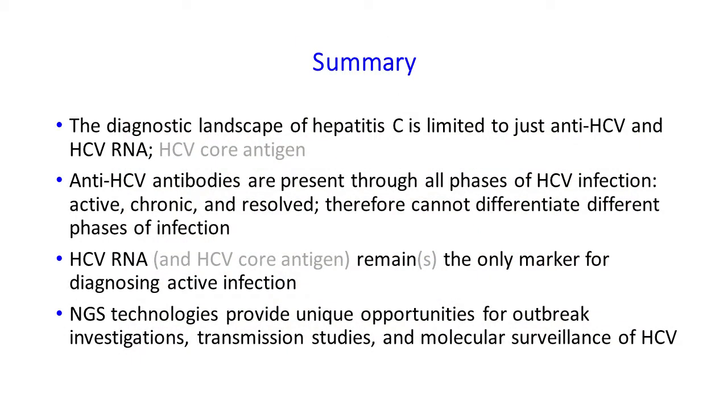In summary, the diagnostic tests for hepatitis C in the United States are limited to anti-HCV and HCV RNA. Outside of the United States, core antigen is a useful alternative to the more expensive nucleic acid testing. Antibodies to HCV are present through all phases of HCV infection: acute, chronic, and resolved. Therefore, HCV RNA is required to determine whether or not an individual has active HCV infection.